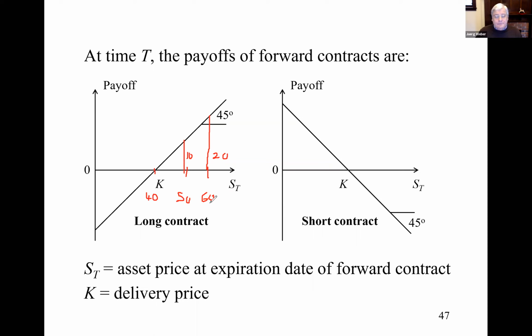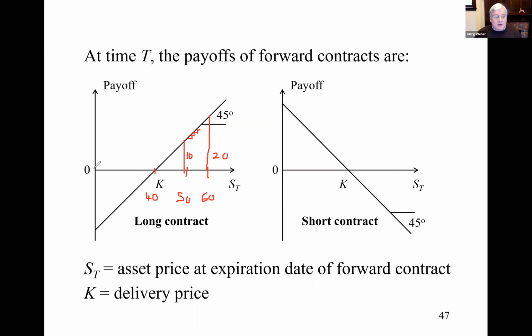You have locked in the price and you have this positive payoff. So for every additional dollar that the price of oil is higher in the future, you will have an additional dollar of payoff. So we have here 45-degree lines.